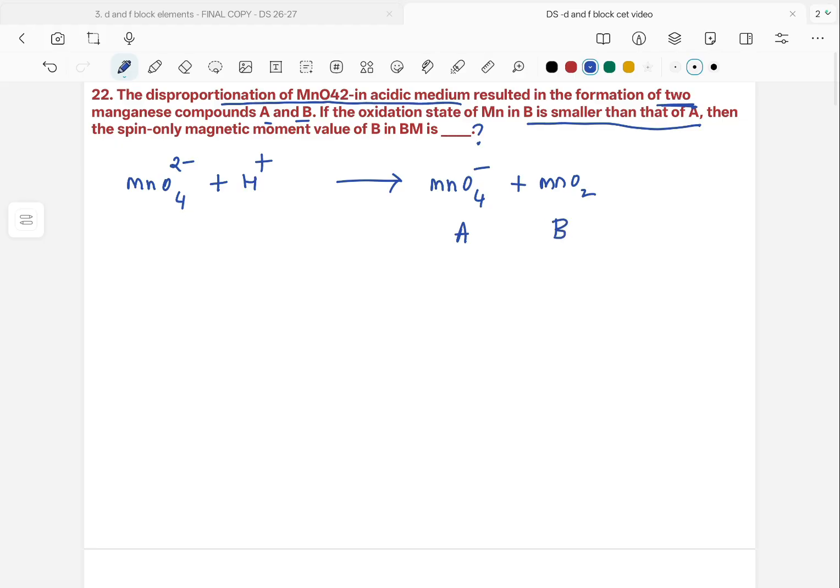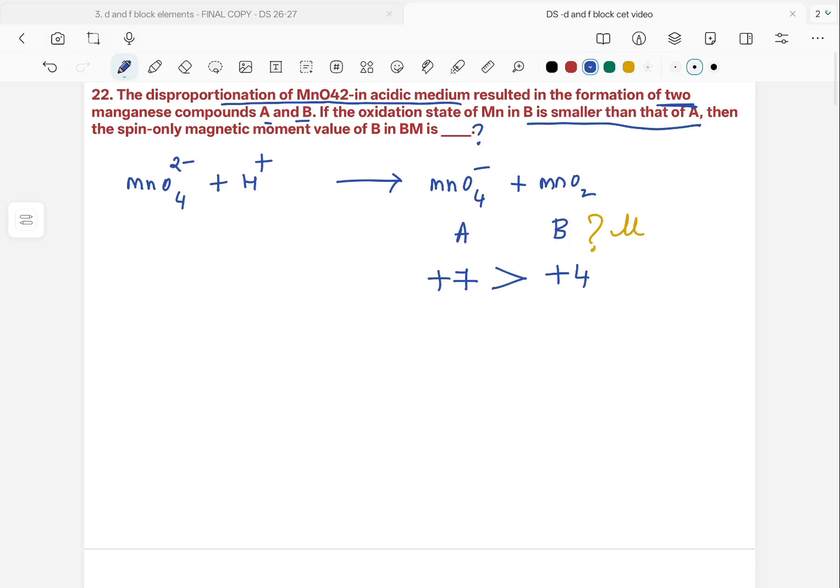In MnO4 minus manganese is in +7 oxidation state, whereas here it is +4 oxidation state, which is lower. Now the question is, the spin only magnetic moment value of B is equal to how much?